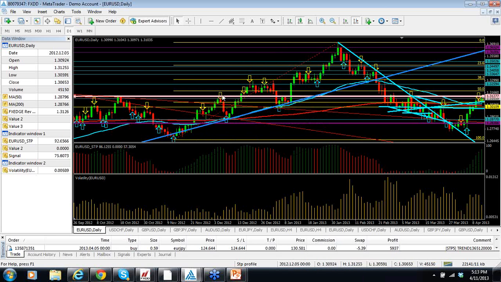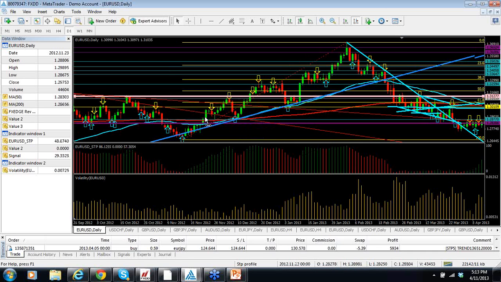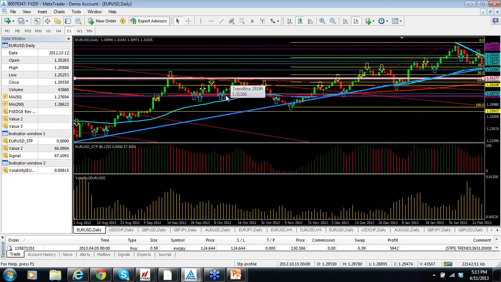So here it happened back in December of 2012. Big, nice, strong move up, and then bam, you hit that 130-100 and you bounce off of it and head down for 300 pips. Here's another one. Up strongly and then down again, bouncing off this 130-100, and you can see it here all of 2012. That's pretty much what we did.